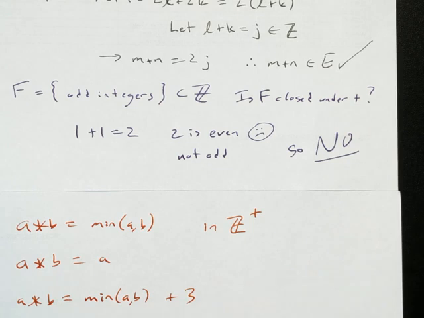I'm not sure why you would do such a thing, but all 3 of these are valid, well-defined binary operations that are closed, where Z plus is closed under these operations. You take any two positive integers, take the smaller one and add 3 to it, the result is still a positive integer. I don't know why you would do that.